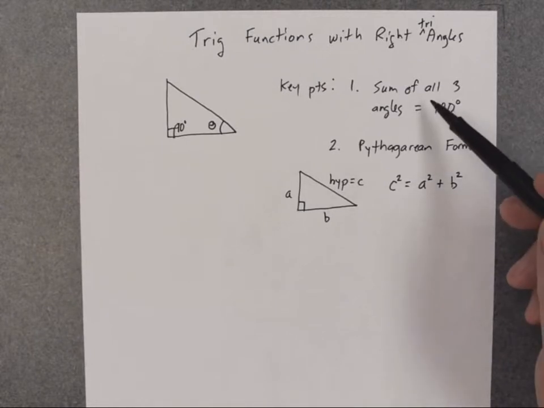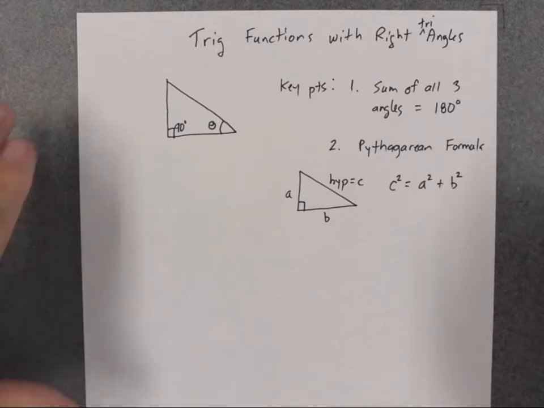And actually, if we're talking about a right triangle and the three angles, we even know more. Because you know one angle's 90, so really, for a right triangle, if we know one of the angles, then we automatically know the other angle.